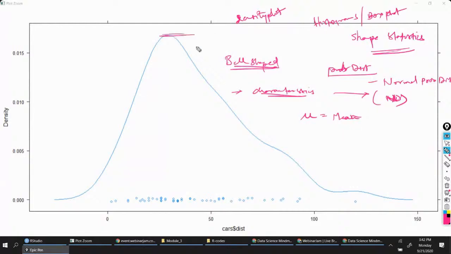So the peak of your visualization here will represent mean. Majority of the data is falling there, right? So your center would be that. So mean is represented by the peak of the visualization, bell-shaped curve.